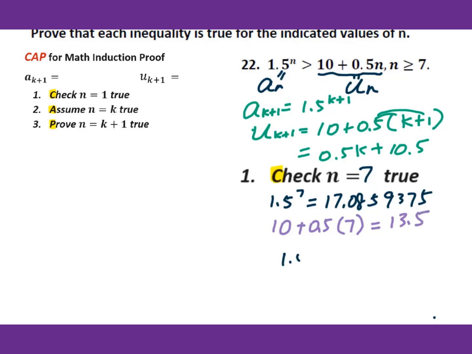Definitely 1.5 to the 7th power is greater than 10 plus 0.5 times 7, which means when n equals 7, the statement is true.